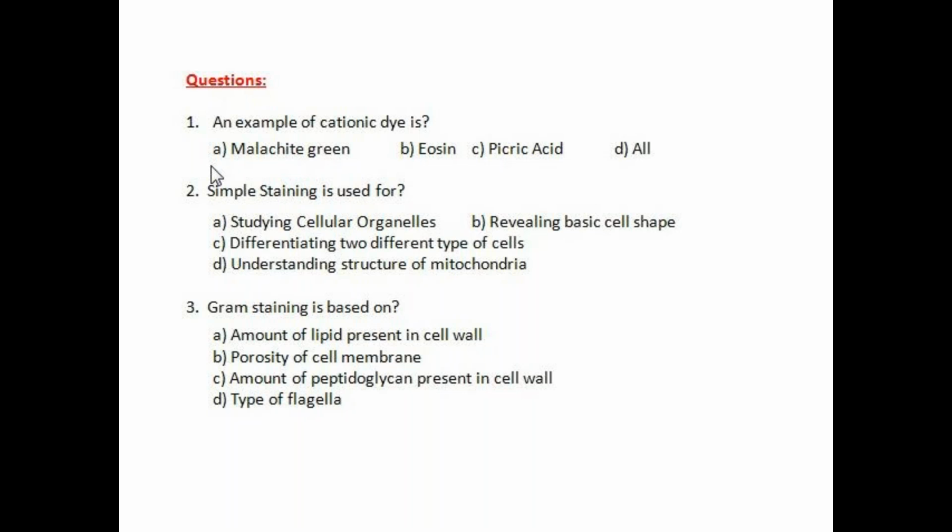What are cationic dyes? Cationic means basic dyes. Basic dyes are mainly used to stain acidic components like nucleic acid. And what are the basic dyes?